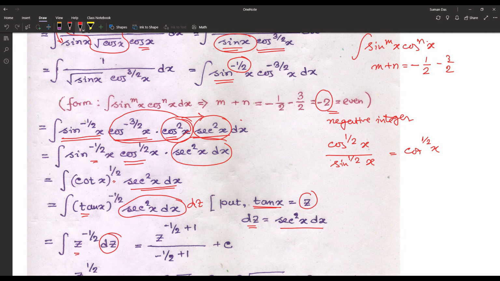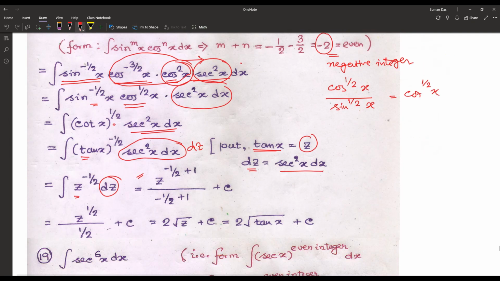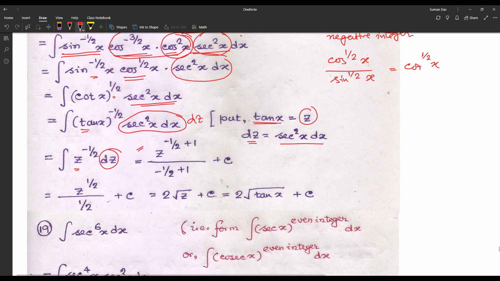After a simple integration, we get z to the power half divided by half plus the integration constant. That means 2 into square root of z plus c. Now putting the value of z as tan x, we get 2 into square root of tan x plus the integration constant, and that is the result here.